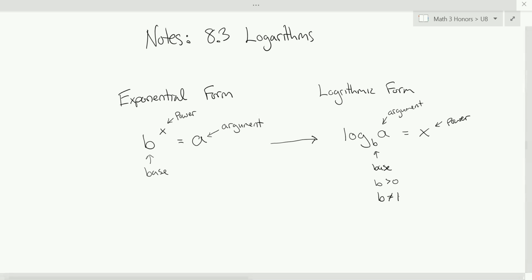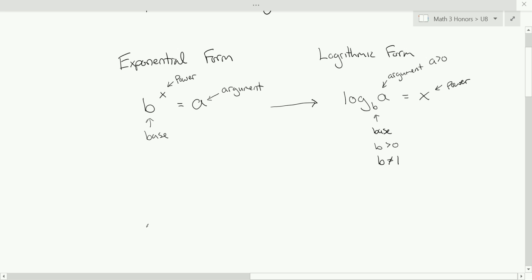So as long as it's positive and not equal to 1. Also, if we have a positive base, what can we say about the argument? It has to be positive. Can't be 0, can't be negative. There's no way. So we'll say a has to always be positive. The power can be anything.